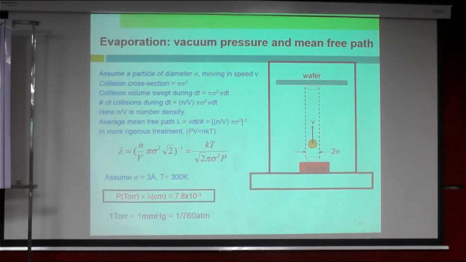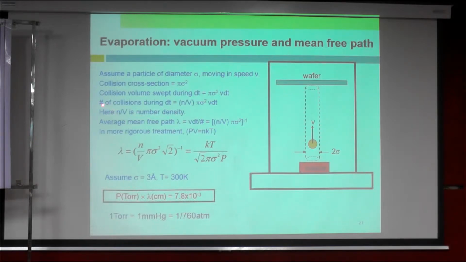So in the evaporation process, when we heat up the source here, basically it will go directly to the wafer. It just flows up to the substrate. Assume a particle of diameter sigma moving at speed v here. The collision cross section is pi sigma squared. Collision volume swept during the time delta t equals pi sigma squared v dt.